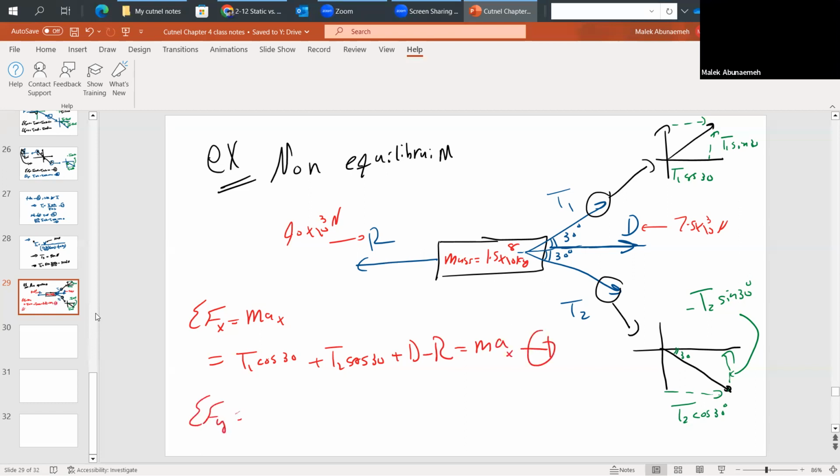Looking at the y direction right now, what are we going to have? We're going to have your T1 sine 30 minus T2 sine 30. We don't have any force here, this is only in the x direction, it doesn't affect the y direction. So it's going to equal 0. This is going to be equation number 2.